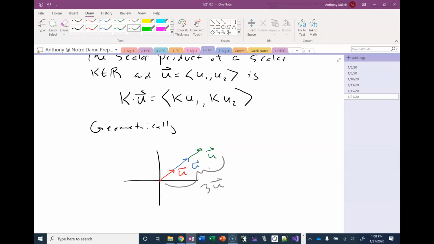So if we think about this, is scalar multiplication going to change the magnitude? Yes, right? How much longer than u is 3u? It's 3 times as long. Is it going to change the direction? No, right? Still the same direction.